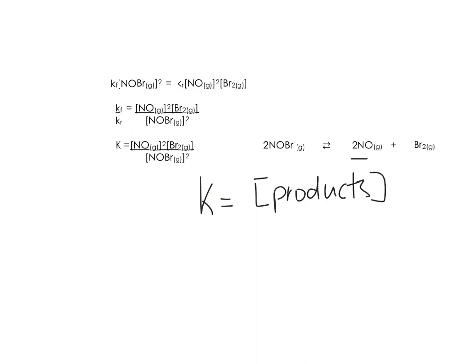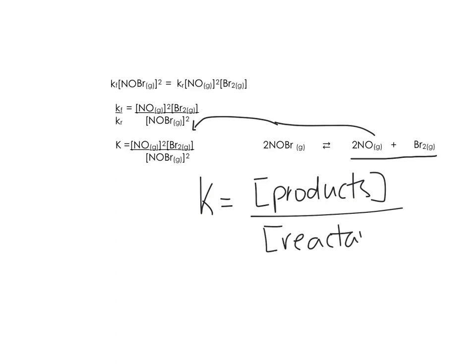On the right-hand side on the products, we have NO and Br2, and they are on top, over the concentration of your reactants. This is on the bottom. And the coefficients are the exponents.